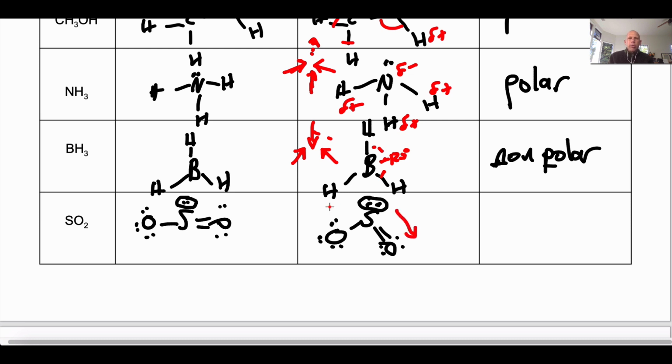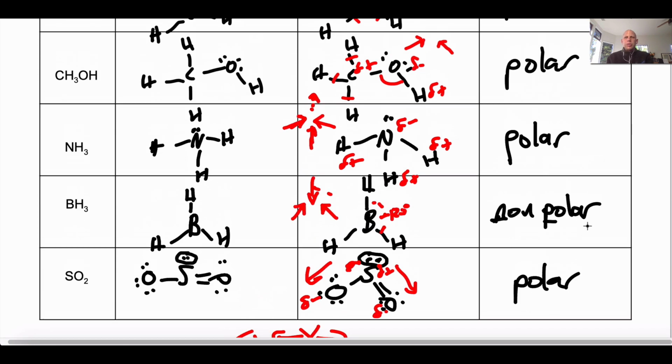And if you mix that up, it doesn't really matter, because you're going to end up with these not canceling out. See, I should have drawn them over here. They'd cancel out if they were this way, like CO2. So that means this is partially negative, and these are partially positive. So this molecule is polar.